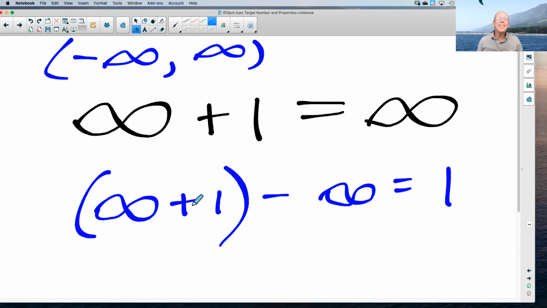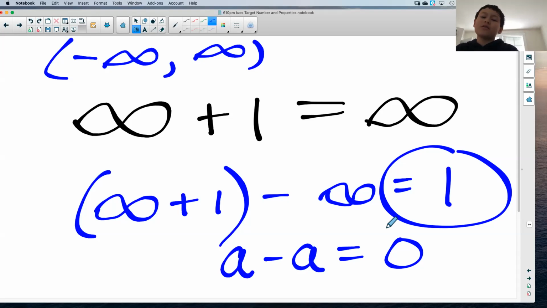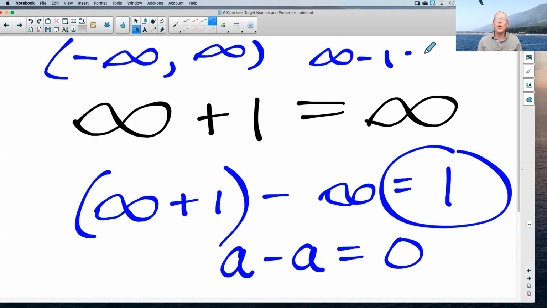So this is a really, really difficult one. I just don't think that A minus A equals 0 applies to infinity for this reason. Well, what's infinity minus 1 then? Oh, same thing, my friend. Infinity minus 1 is also infinity.